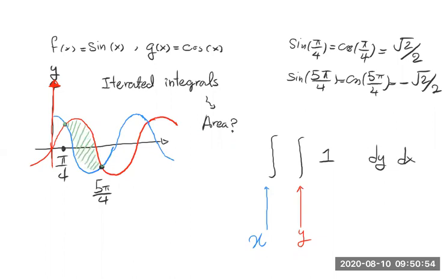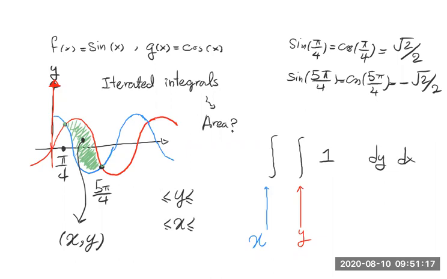Every point inside this green region has some x and some y. The key in solving these questions is to find how x is bounded and how y is bounded. What are the bounds for y and what are the bounds for x?